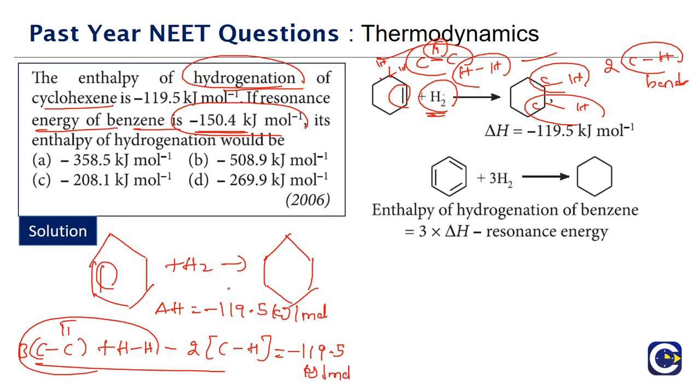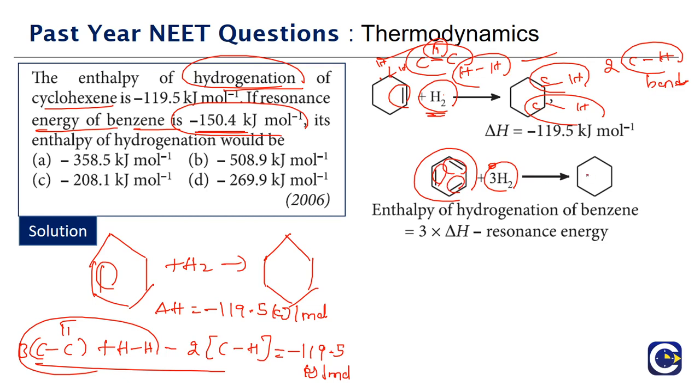Now when we look at this reaction, what is it? Benzene undergoing hydrogenation to form cyclohexane. Here if you look at it, we will be consuming 3 moles of hydrogen. We will be consuming what? 3 moles of hydrogen. And here 3 carbon pi bonds will be present in the benzene.